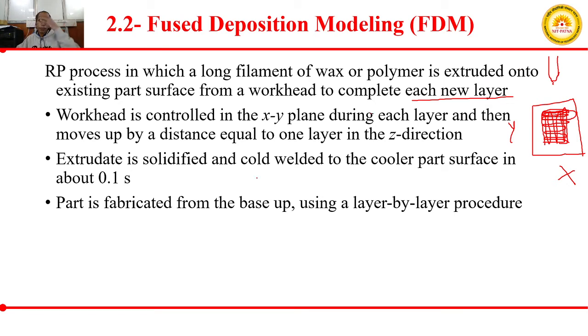FDM process. So in the FDM process, the extrudate is solidified. The extrudate is the material which is being extruded through the nozzle. Okay, so the extrudate is solidified and cold welded to the cooler part surface, and the time taken for solidification is normally in the range of 0.1 or 2 seconds.